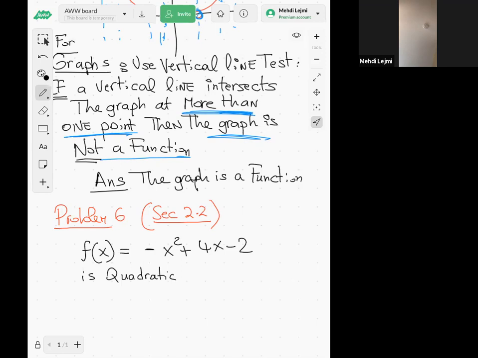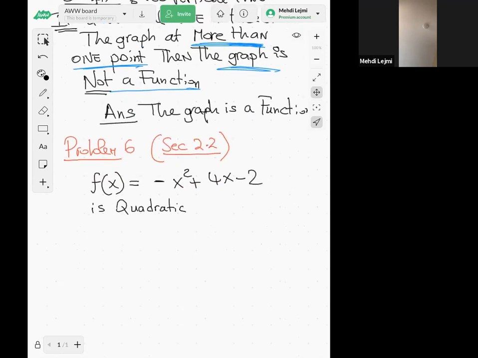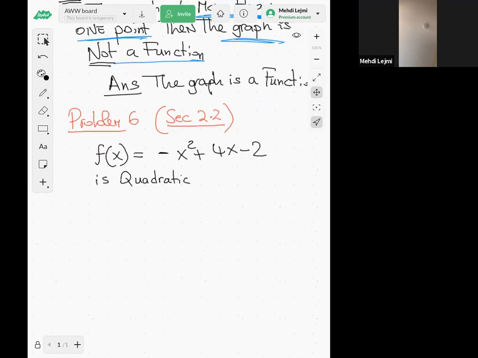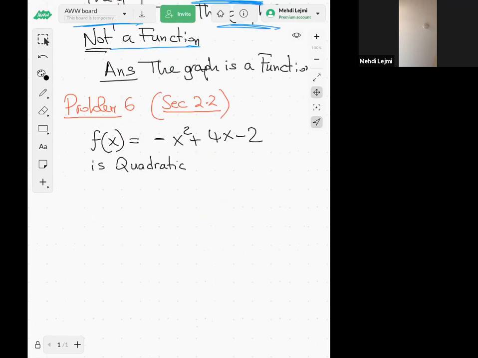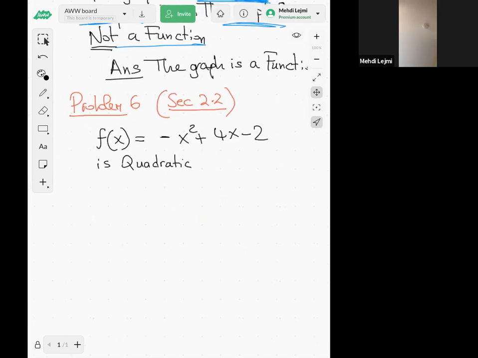Now, in A, you have to determine the vertex of the parabola, the graph of f of x. So in A, I have to find the vertex of the parabola.